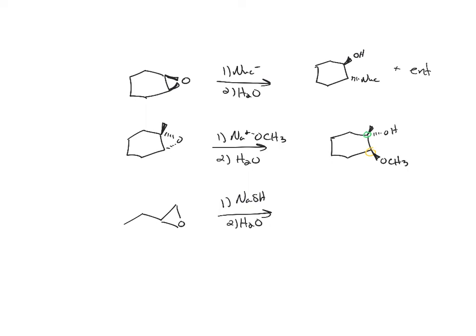So my nucleophile is the SH group. It's going to attack from the sterically unhindered side, so it's going to attack from the one end. So in this case, again, I have 4 carbons. It's going to be H on that side, and on this side is going to be an SH.